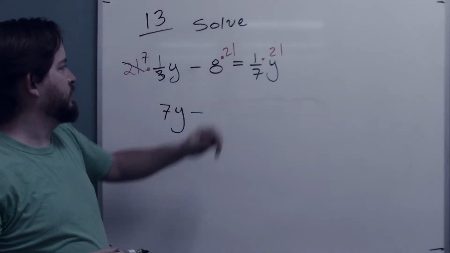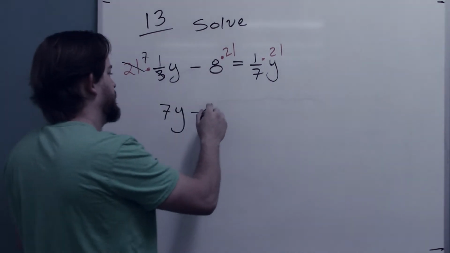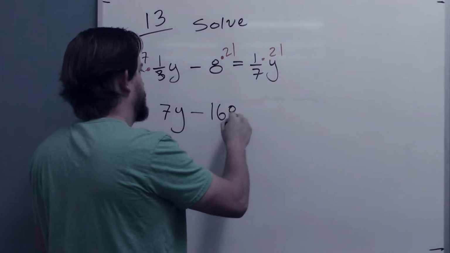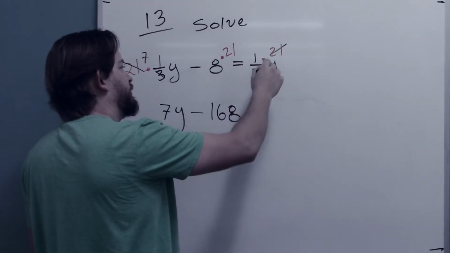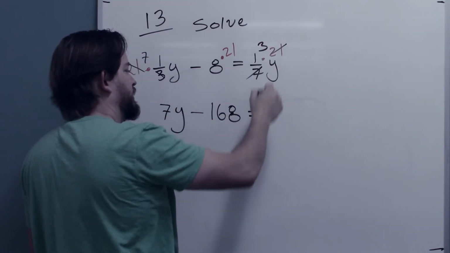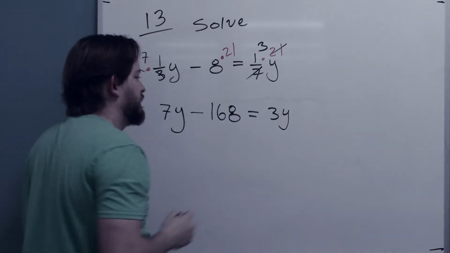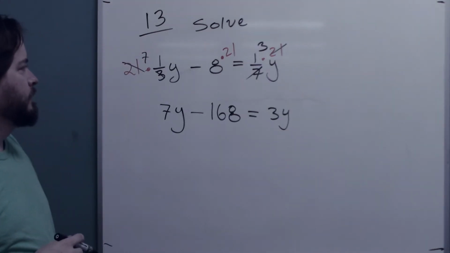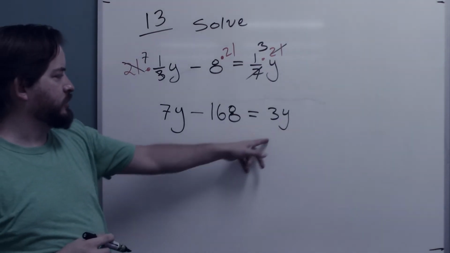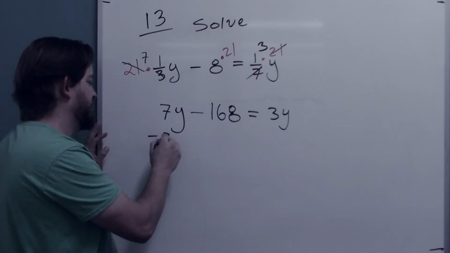Minus 8 times 21 is 168. The 21 simplifies with a 7, that leaves me with just a 3, so 3y, right? And then I'll subtract my 3y to the left.